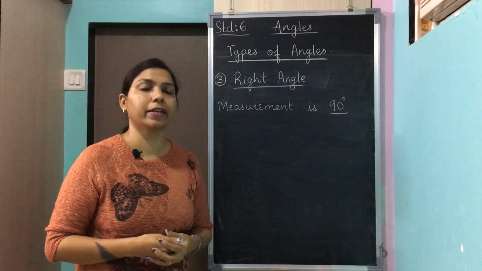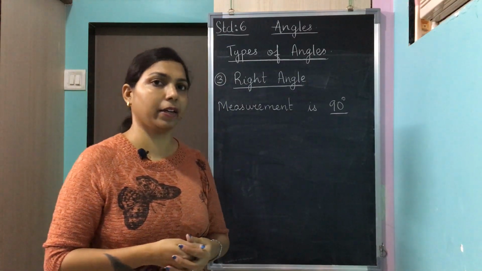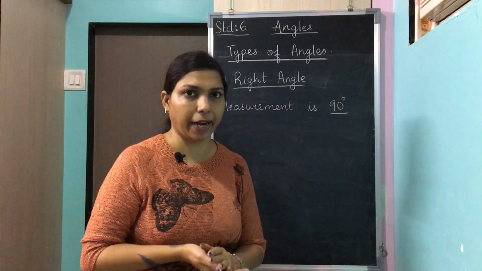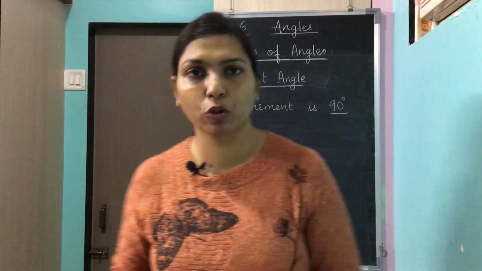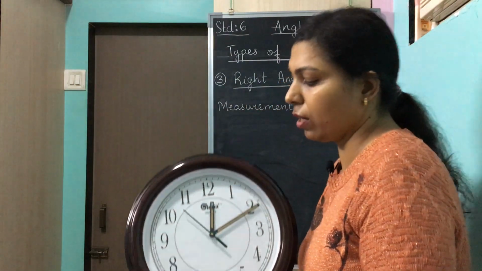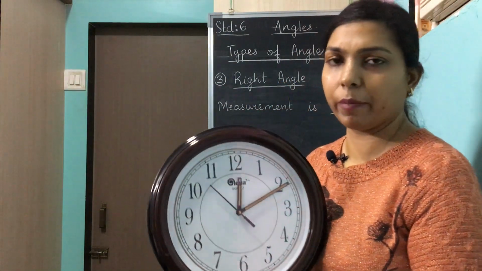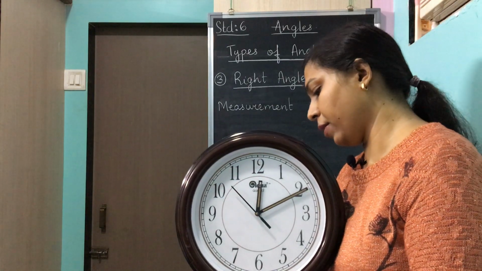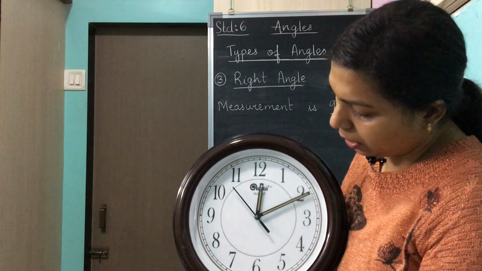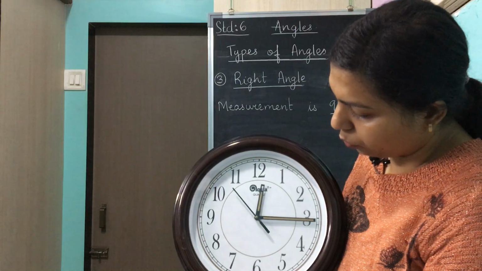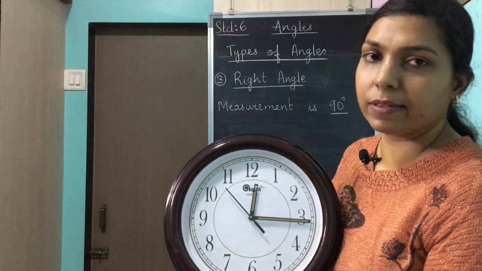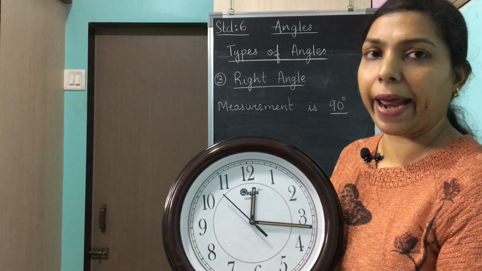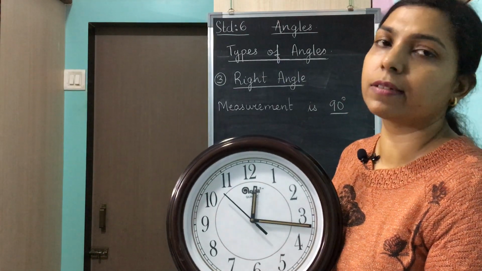The next type of angle is called a right angle, wherein the measurement of the angle is exactly 90 degrees. So if we have to show it on the clock, this was an acute angle where the measurement is more than 0 but less than 90. But now when I shift the arms of the clock to over this position, your angle which is formed is a proper L formation angle, and this is 90 degrees.